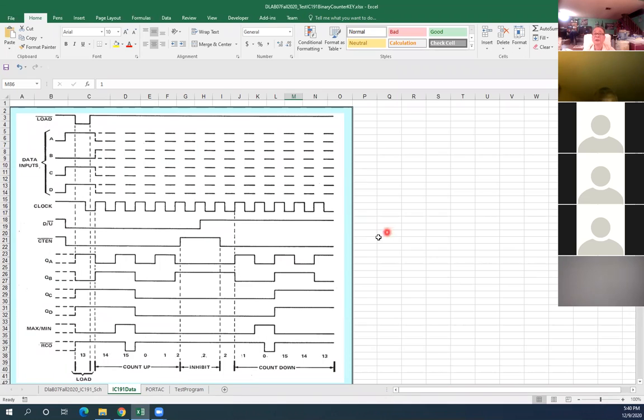Okay, now, the first thing you can see is load. When they load, they want to load, and you're going down.